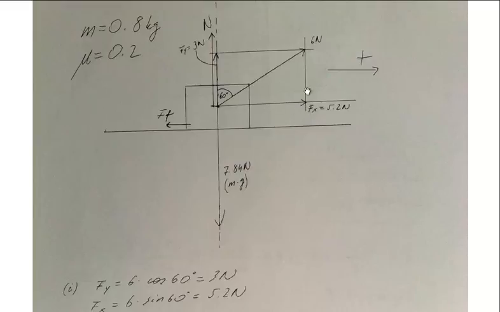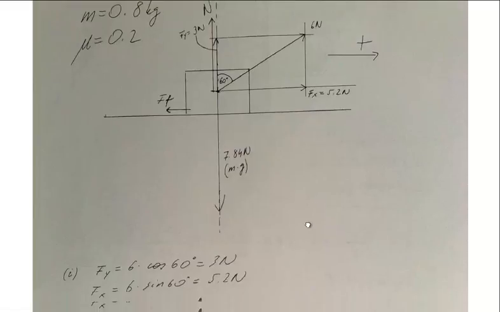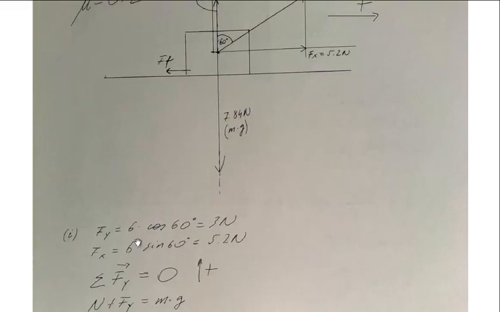This side is equal to this side, and it is opposite of this angle, so we get f sub x, 6 times sine of 60 degrees, it's 5.2 newtons.